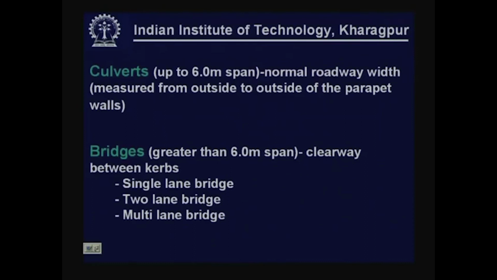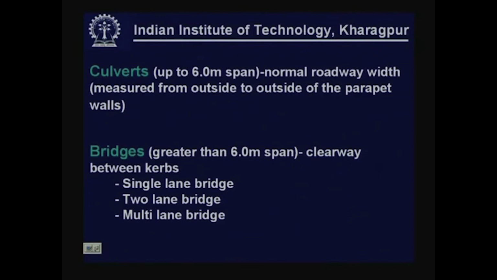For culverts up to 6 meter span, the normal roadway width is maintained, measured from outside to outside of the parapet walls. In case of bridges where the span is greater than 6 meter, the clear width between curbs depends on whether it is a single lane bridge, a two lane bridge or a multi-lane bridge.